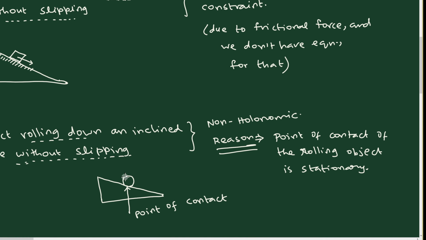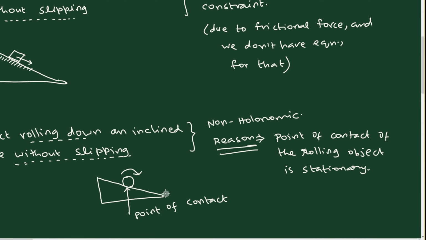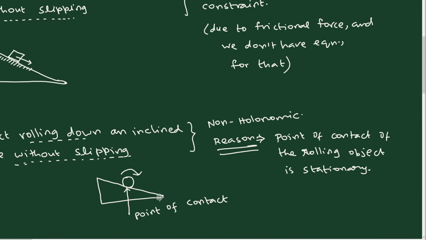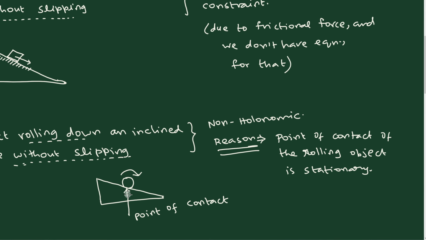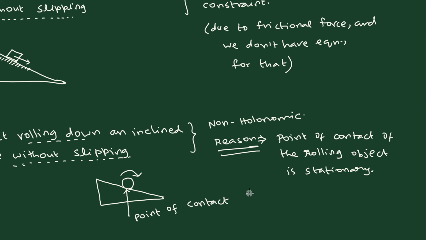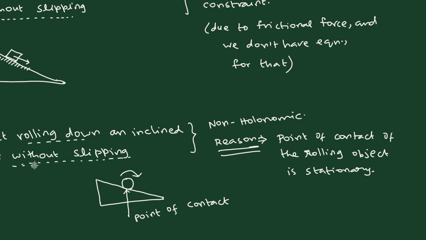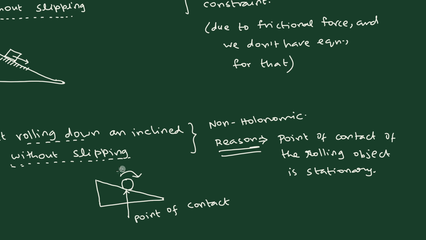So even though it is rolling down the inclined plane, when you take every snapshot, the point of contact will always be stationary. If that is not stationary, then this without slipping will not work. That is why without slipping is important.